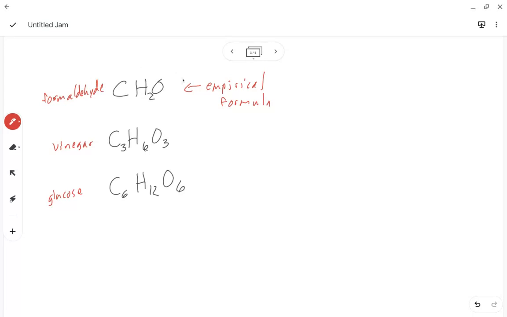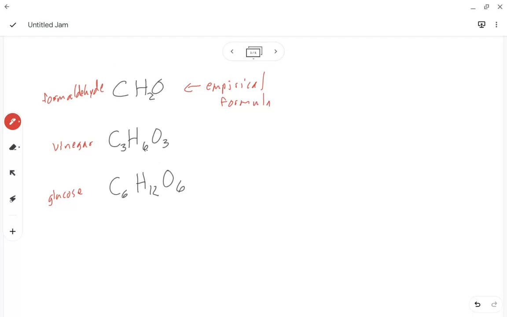The other thing about this is all 3 of these compounds would have the same percent composition. So if we started with the percent by mass of glucose, when we work to calculate the empirical formula, we're going to come up with CH2O.